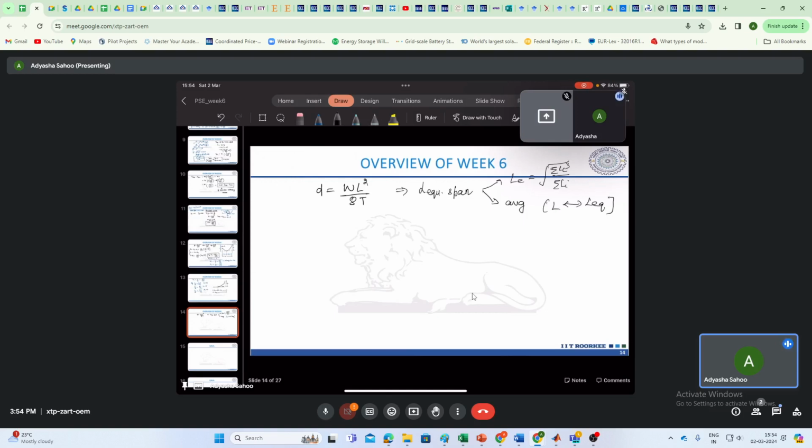Similarly, for W, we have two conditions. Basically, factors affecting W, weight of conductor. Firstly, we have the effect of ice.